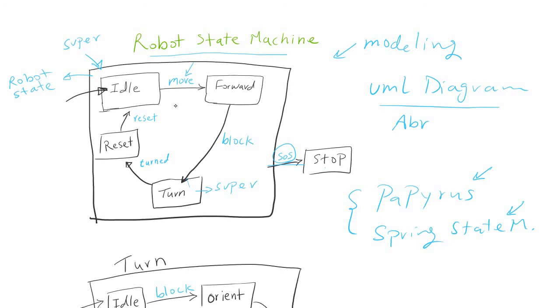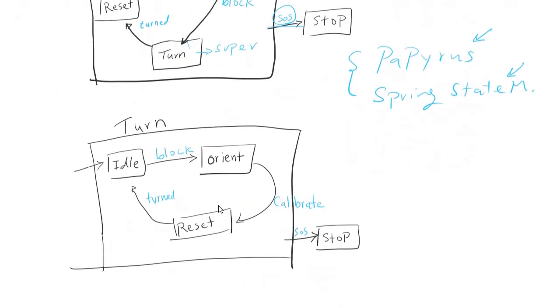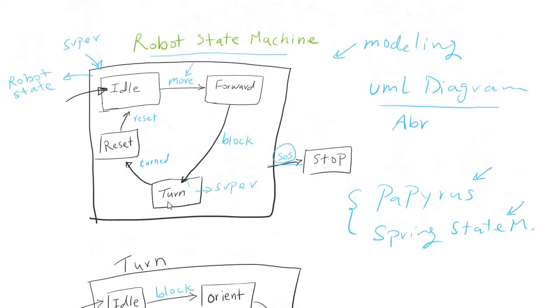Also, about the turn state, we have here a super state, and this super state has substates inside. Whenever everything inside the super state is finished, it will give us a new signal, turn, and we will go to the reset state, do something in this state, and then send a new event outside reset, and we will go back to idle and wait for a new signal, move.